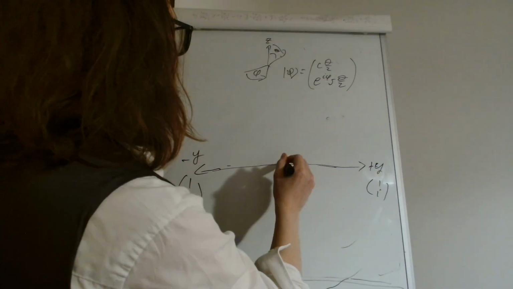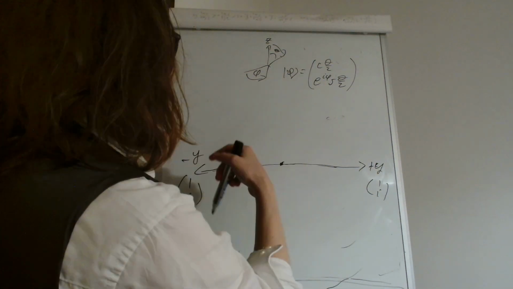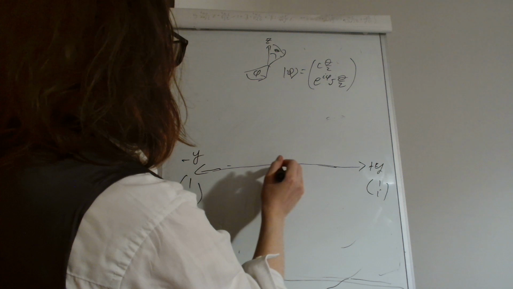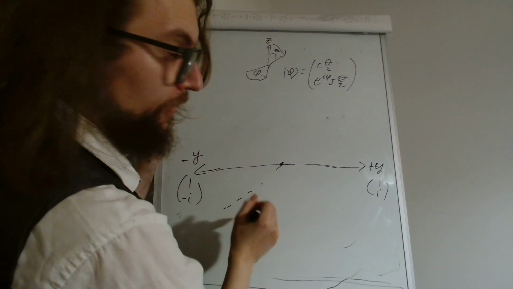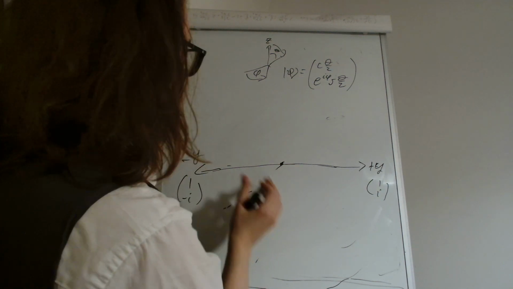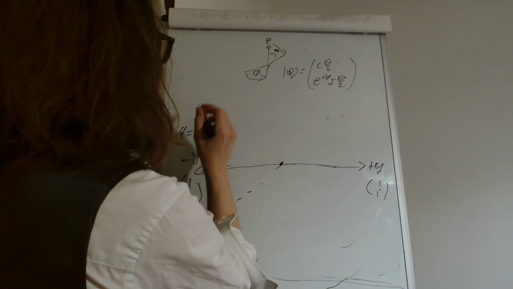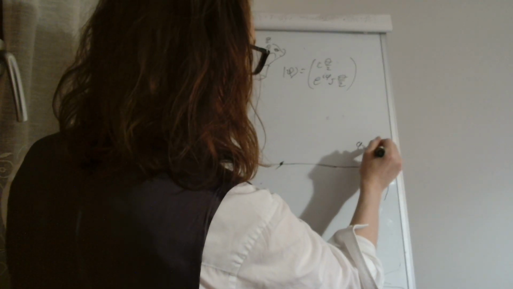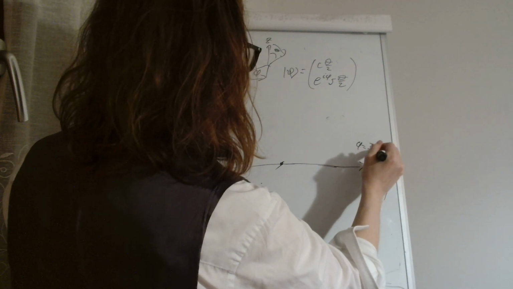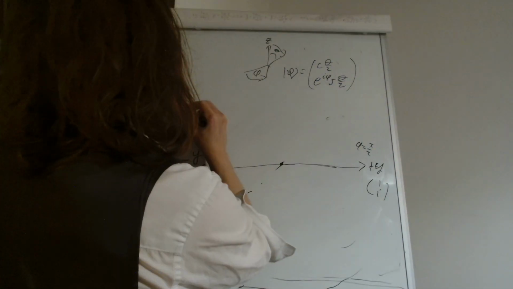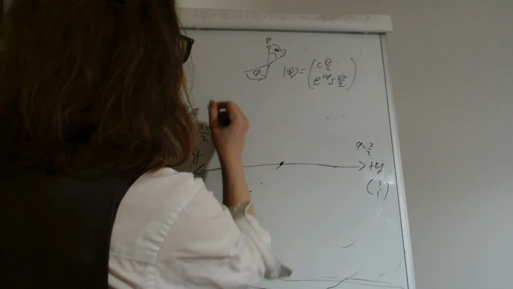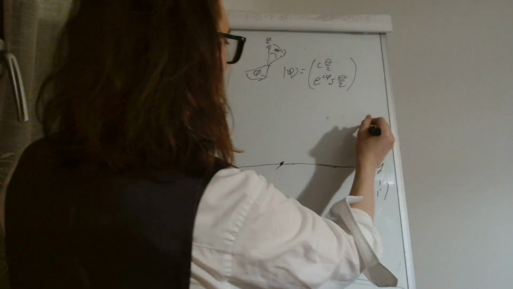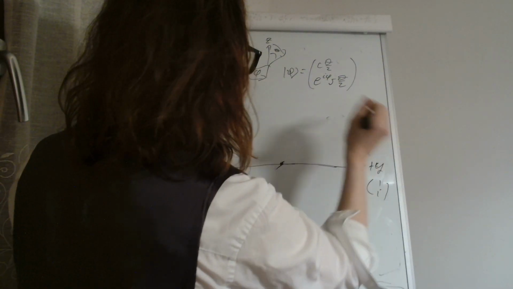Now here we have phi equals 0, and here instead we have phi equals 3 pi divided by 2. Here we have phi equals pi divided by 2. Here we have theta always pi divided by 2 like before.